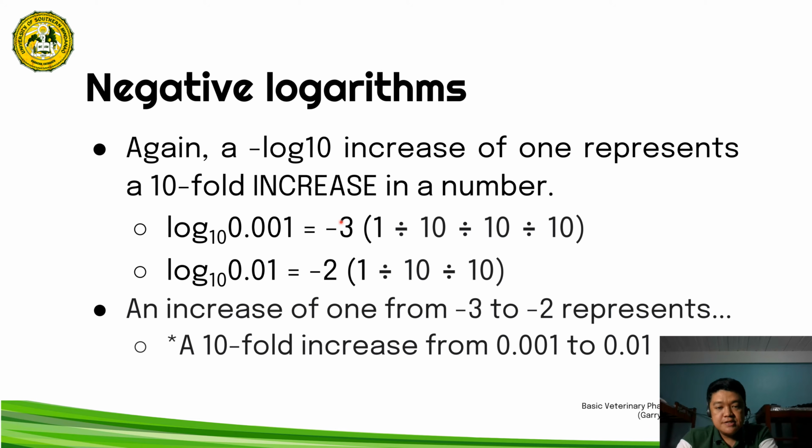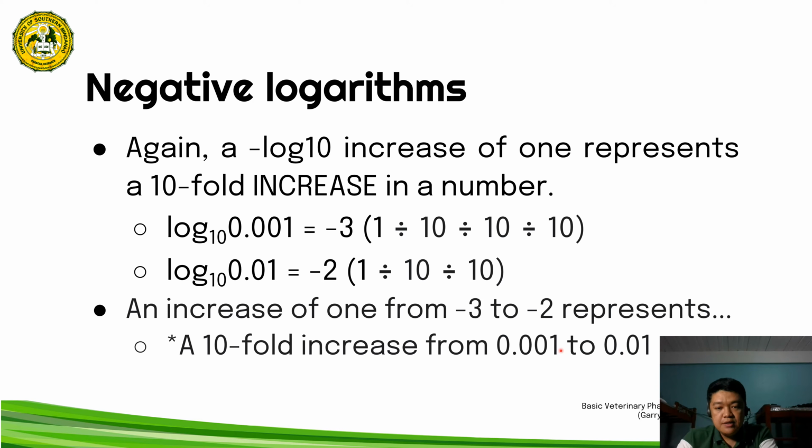So there is an increase from negative 3 to negative 2. Negative 2 is greater than negative 3. So when we increase the number from negative 3 to negative 2, this will also represent a tenfold increase of the concentration of the number, or an increase from 0.001 to 0.01.